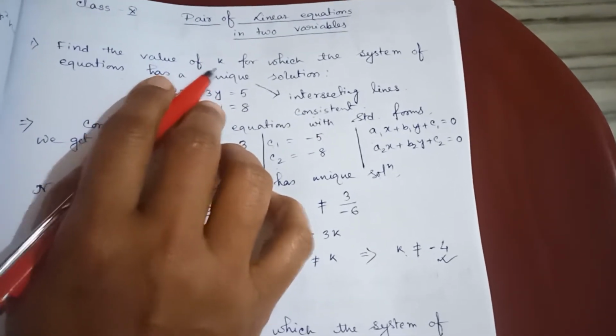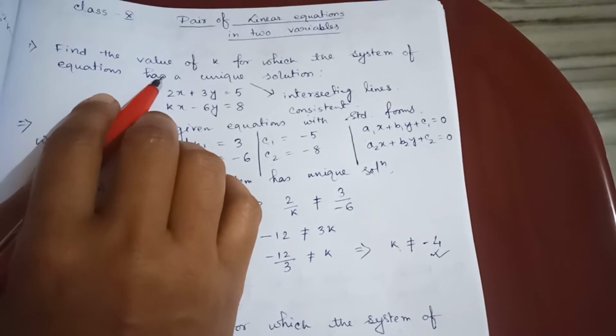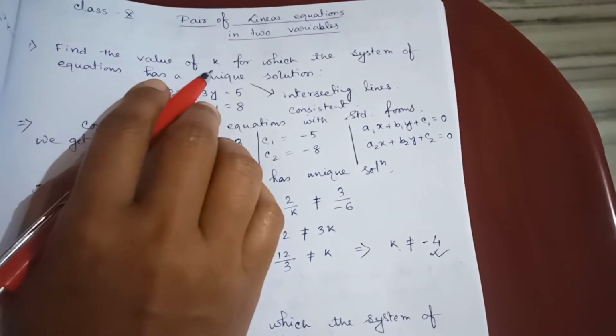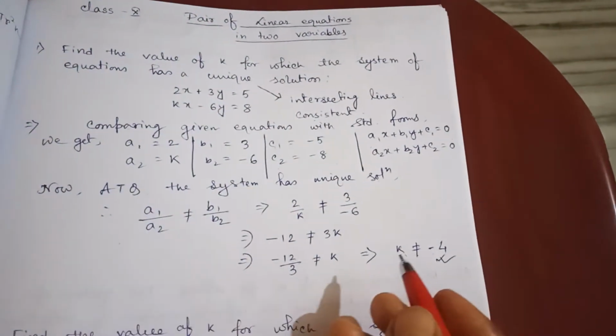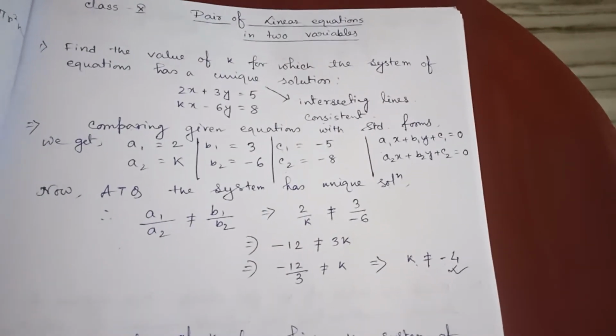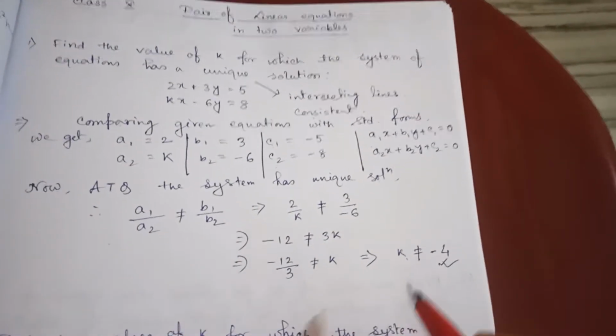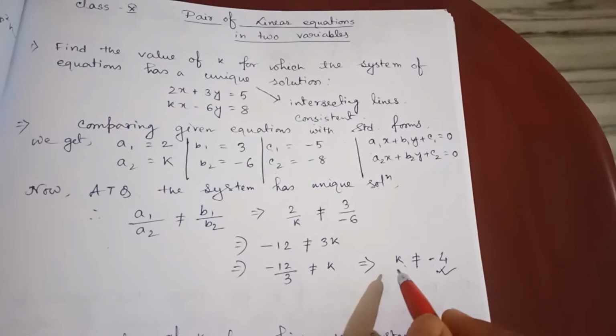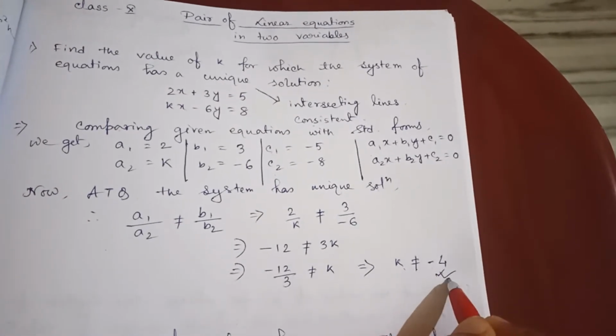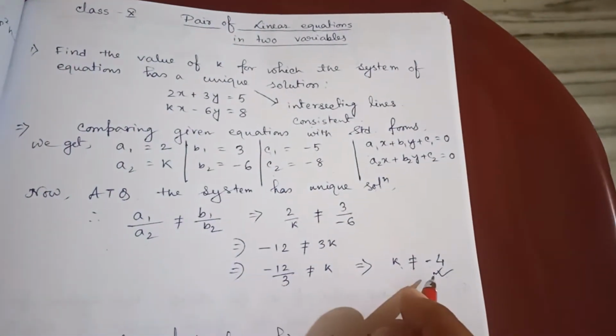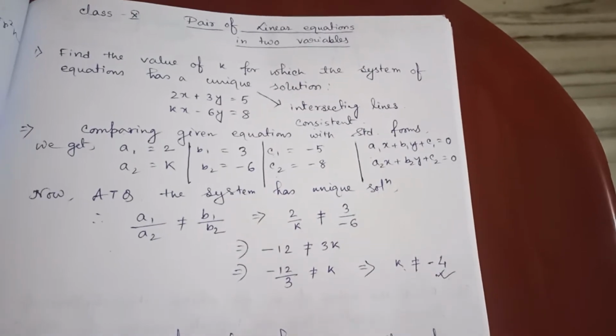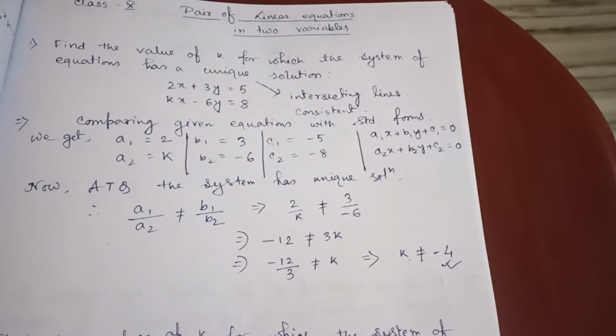Rather, the question is asking you the value of k. So how will you write the answer line? That's the most important thing here, because maximum students normally do up to this, leave the whole calculation after this, and go to the next question.